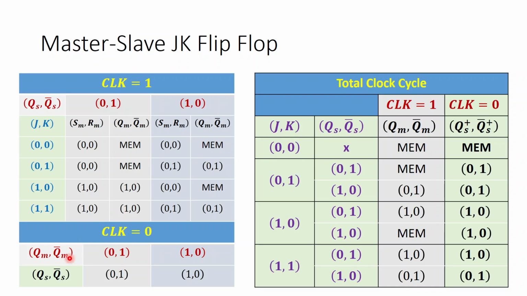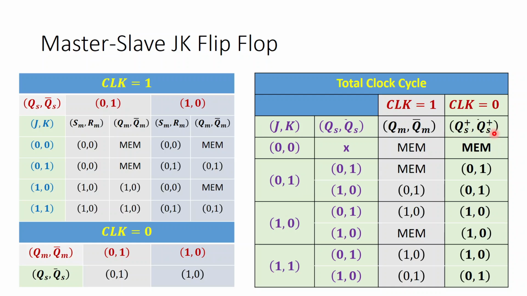So by looking at this truth table, we can see that when JK is 0 0, then QM bar is memory. That means QS bar is also memory. It remains the same. So no matter what QS bar is, your QS plus and QS bar plus will become memory.